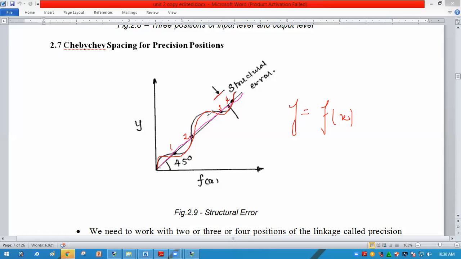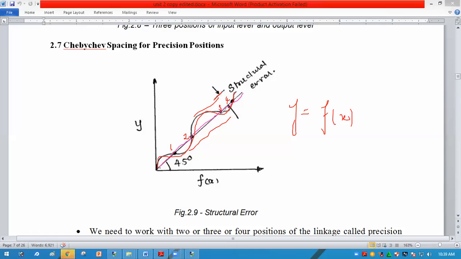It is assumed that the design deviates very slightly from the desired function between the precision positions, and that the deviation is within the acceptable limit. So here you can see the deviation is acceptable, which is closer to the acceptable limit. The difference between the function prescribed and the function produced by the designed linkage is known as the structural error.